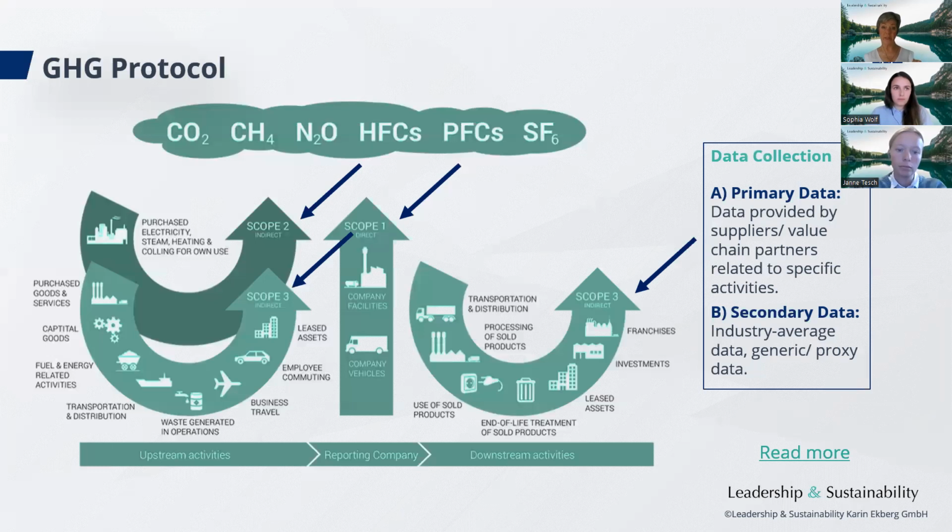data. We have primary data and we have secondary data. Primary data is information collected directly from suppliers or from your own brand activities or value chain partners. And these are then related to specific activities. So, for example, if you know exactly how much electricity you are using and where you are buying your electricity, they can tell you which emissions they have linked to this electricity that you buy.